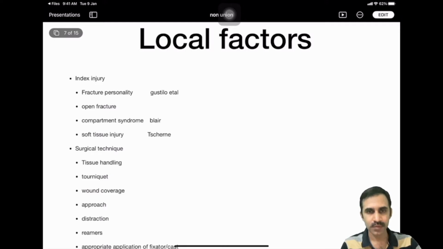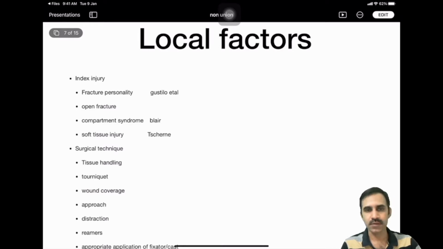Compartment syndrome can lead on to non-unions. Soft tissue injuries, if the patient is having compartment syndrome or type C Cierny soft tissue injury, the chance of non-union is high. The surgical technique is also important.